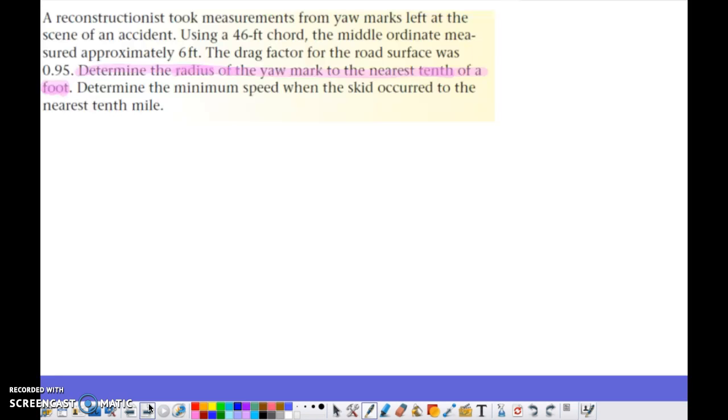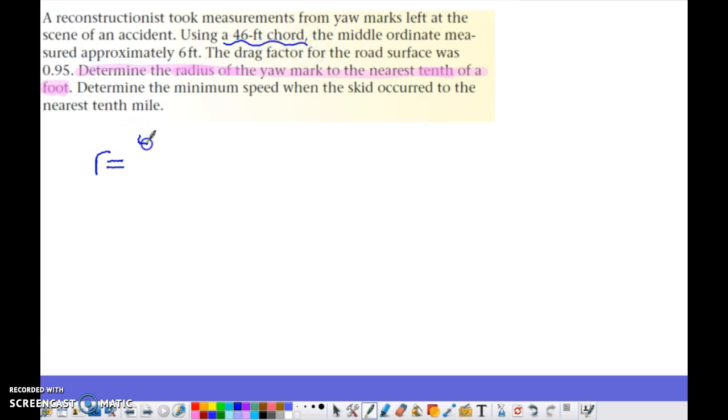Alrighty, welcome back. Hopefully you had a chance to try it. Now we are going to try to figure out the minimum speed, and it looks like it's going to be of a yaw mark, not a skid mark. So first, as I highlighted here, you have to find the radius of the yaw mark to the nearest tenth. So again, the radius is equal to my chord length squared.